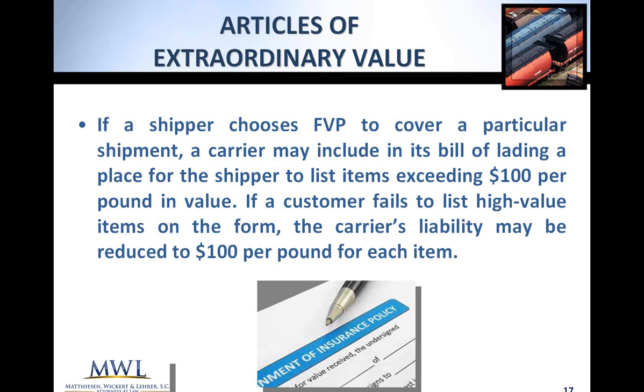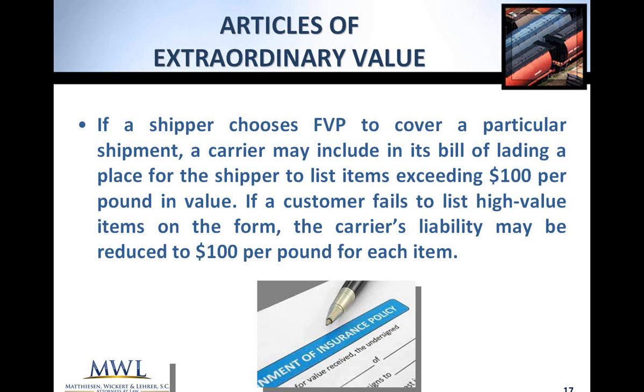high quality reproduction. Therefore, if a shipper chooses full value protection of their shipment, the carrier can include in its bill of lading a place for the shipper to list items that exceed $100 per pound in value.